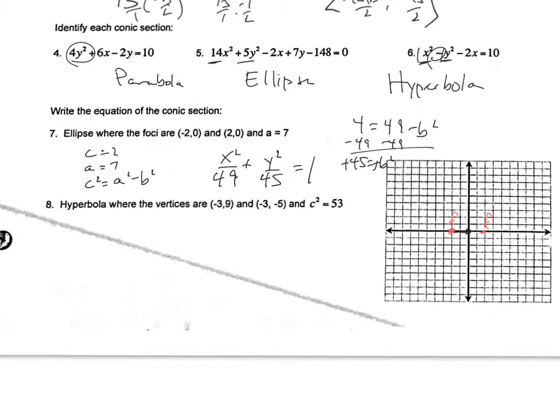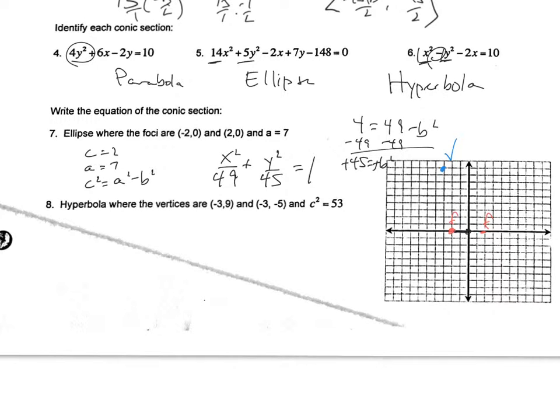And for this last one, we're going to write the equation of a hyperbola. Now, in a hyperbola, you want to make sure that a squared is first. Where the vertices are is actually first. Now, they straight up tell you that c squared equals 53, so that's kind of nice. But let's plot these points. We have negative 3, 9. There are 10 on this grid. That's a vertex.